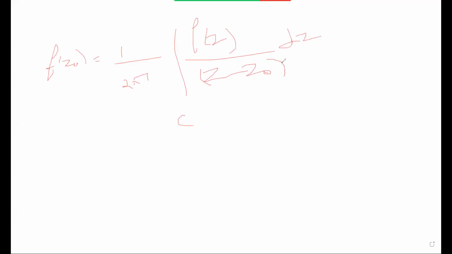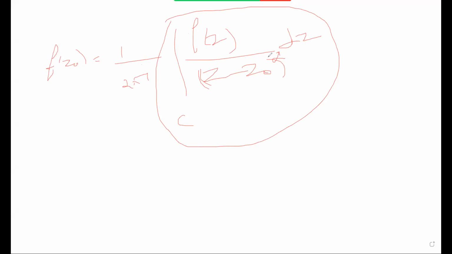Here the order is 1, that is a linear factor. So suppose the order is 2, how do we find the integral value of this? Again we have a formula for this.